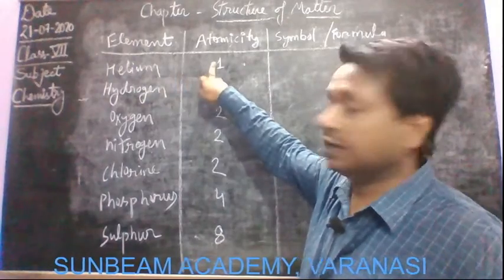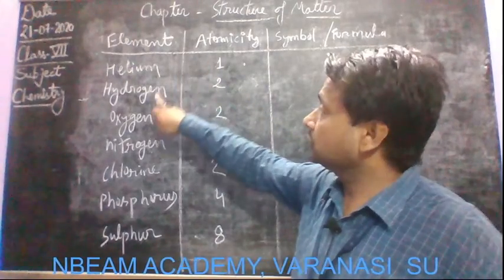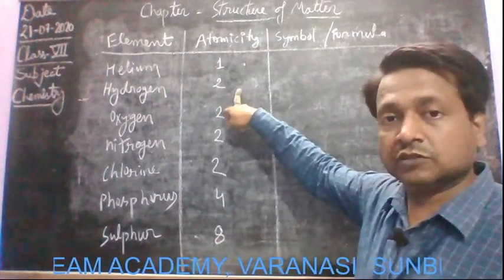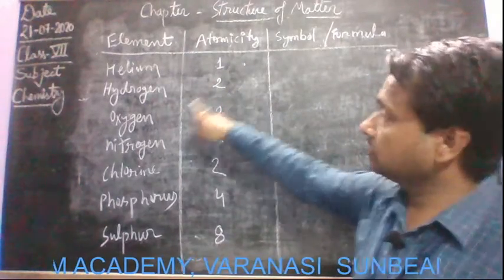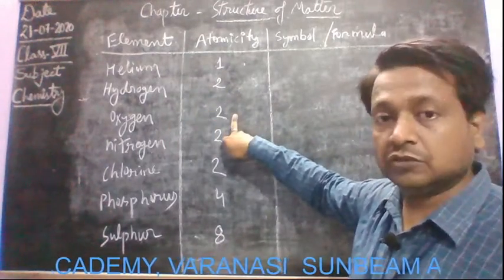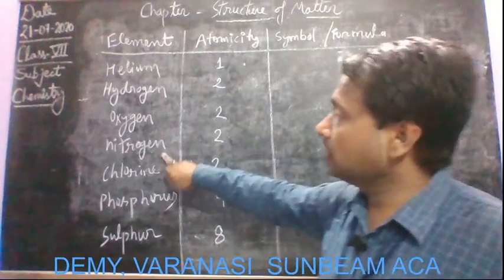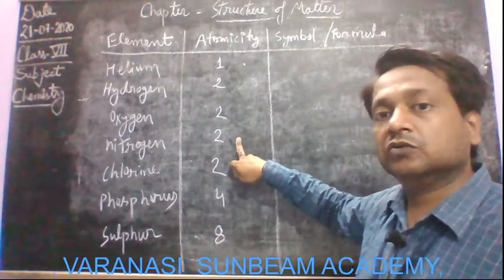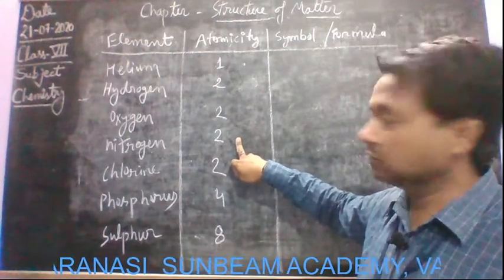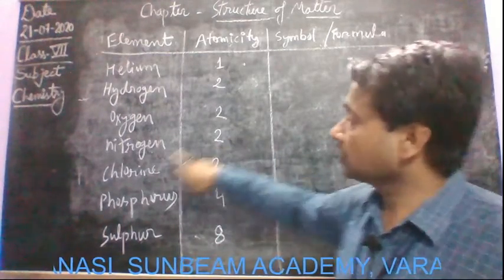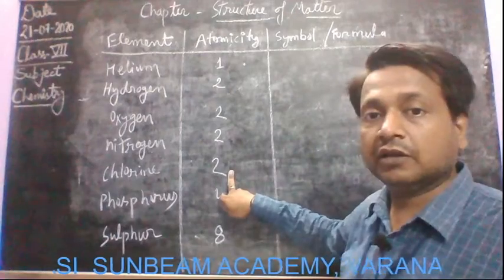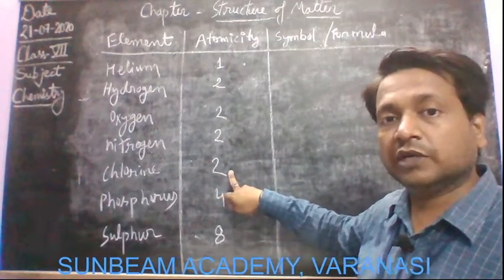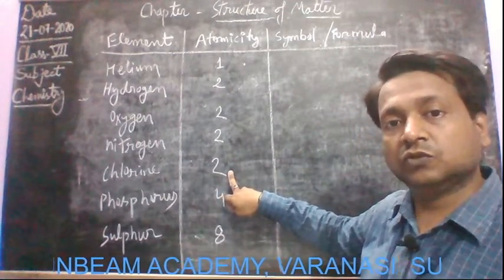Helium, one atom, monoatomic. Hydrogen, two atoms, diatomic. Just like that, oxygen, two atoms, diatomic. Nitrogen is also found in the form of a molecule in which two atoms are present, so diatomic. Chlorine is also diatomic because one molecule of chlorine is made up from two atoms of chlorine.